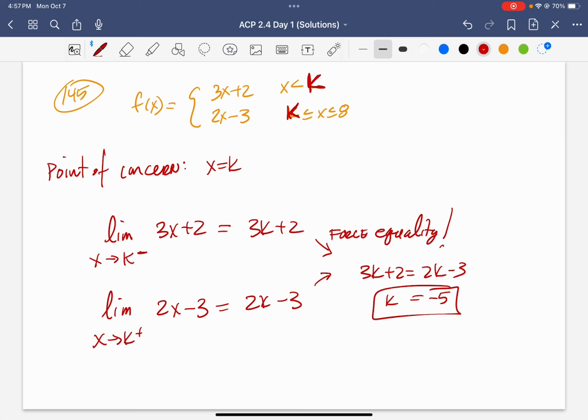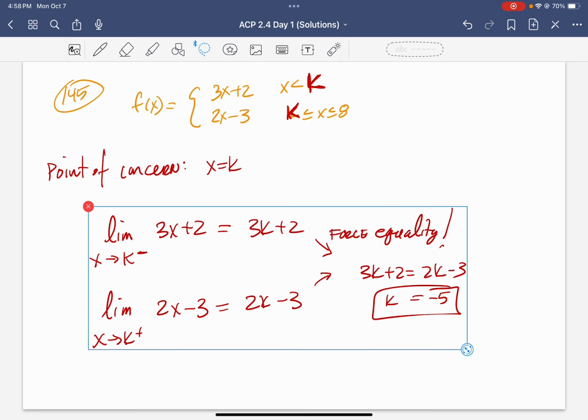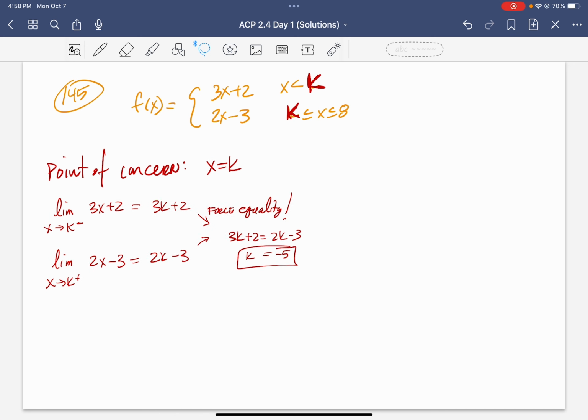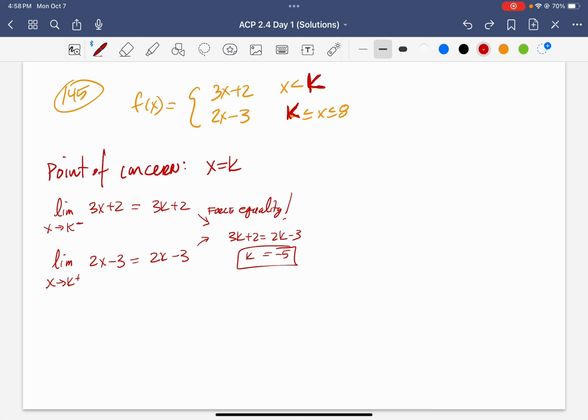And the limit would exist. And then what we have to check is, let's see. So if k is equal to negative 5, that means the limit as x goes to negative 5 of f of x would exist because they would be equal.